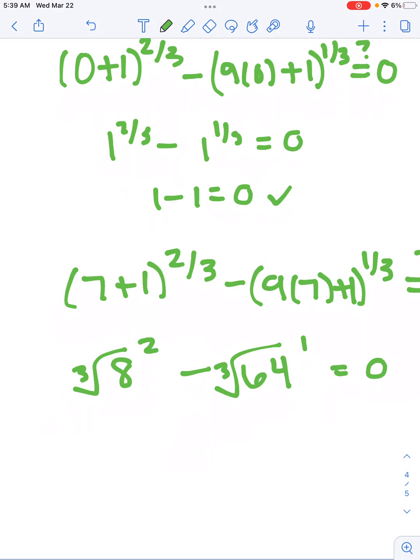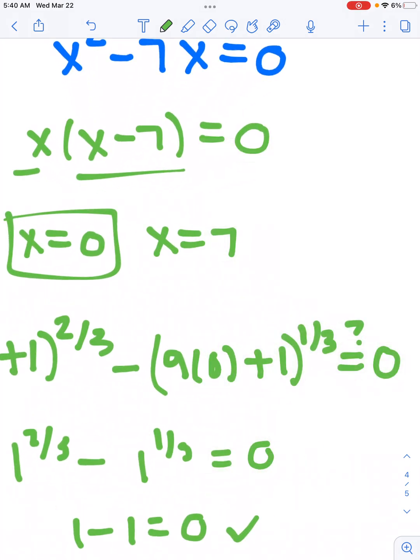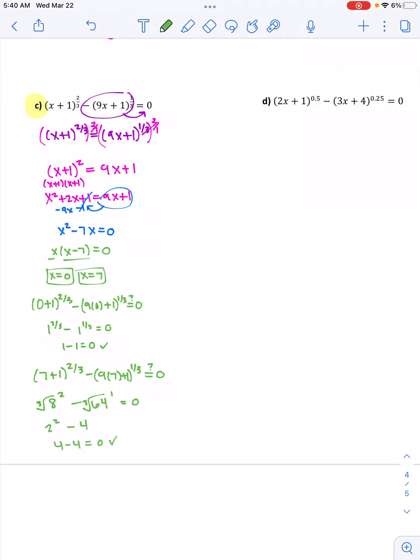So the cube root of 8 is 2 squared, and then cube root of 64 is 4, and 4 minus 4 does equal 0. Alright, so when you're checking your solution with fraction exponents, I'd recommend turning them into roots, and then that tells me that x equals 7 is a good solution.